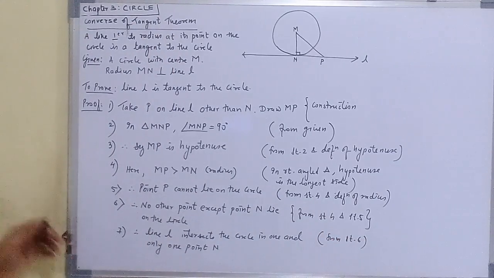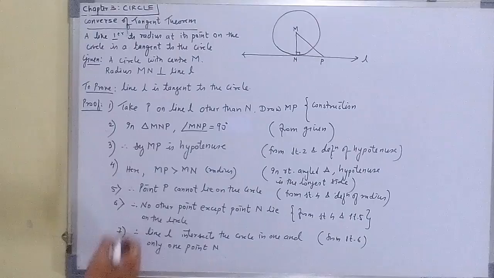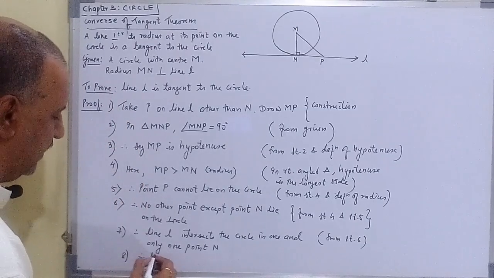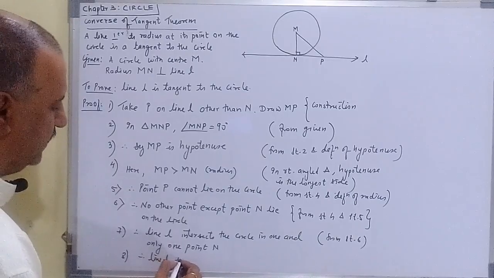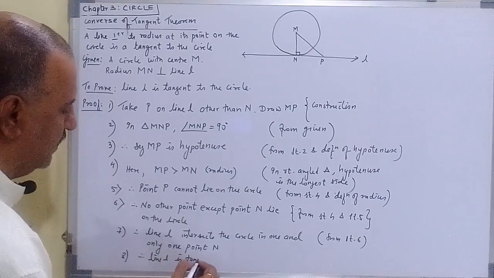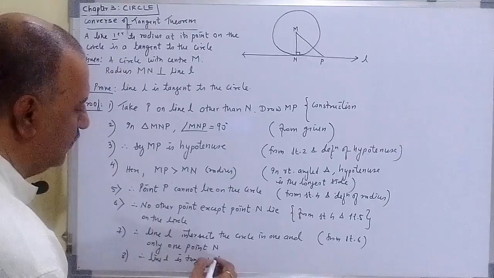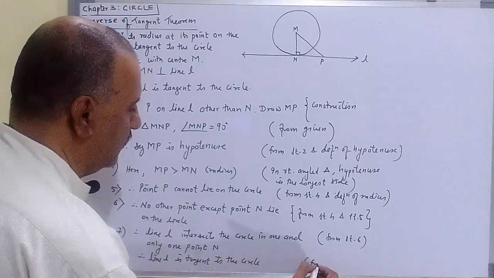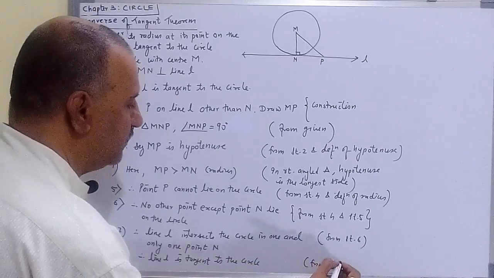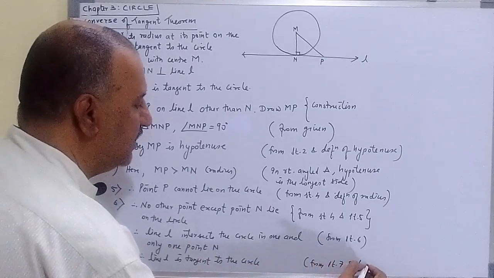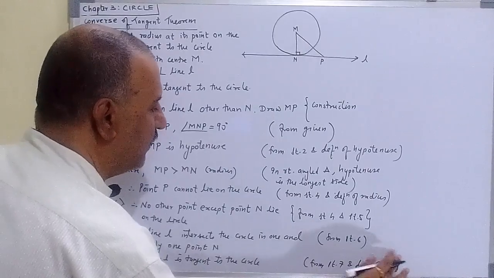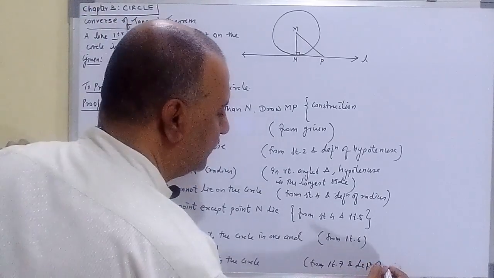Therefore, we can say, last जो हमें prove करना है, therefore line L is tangent to the circle, from statement 7 and definition of tangent.